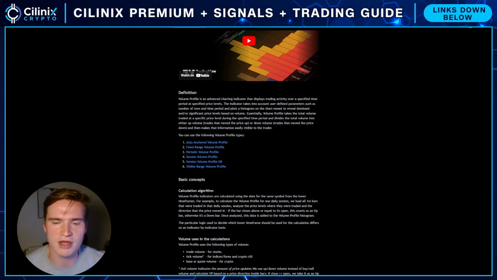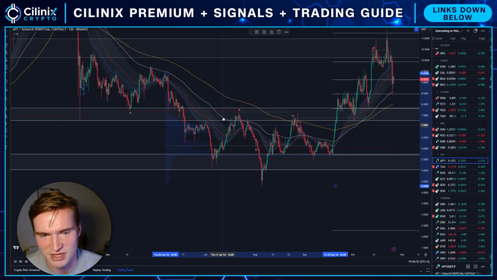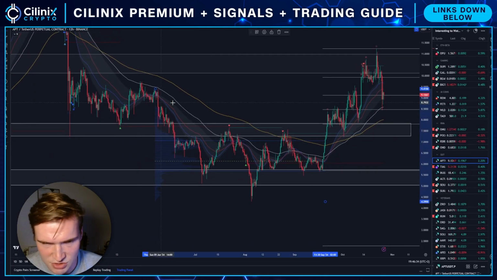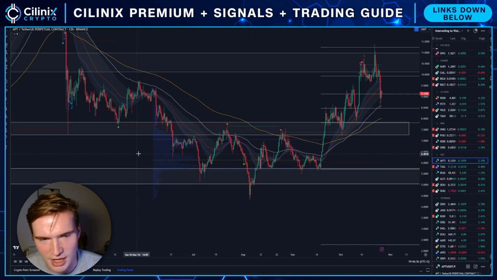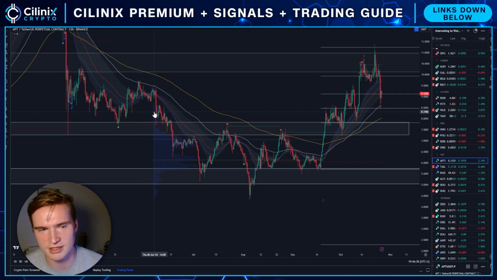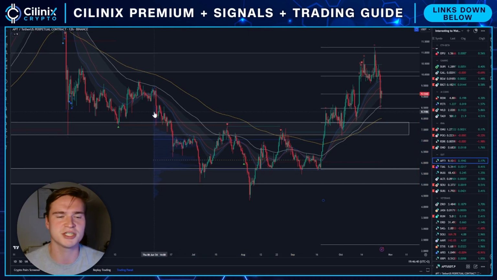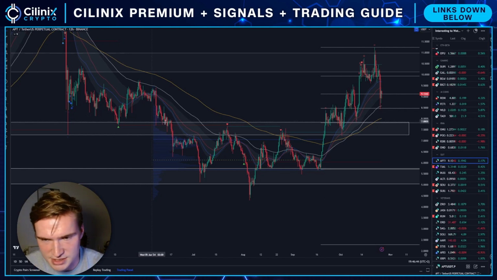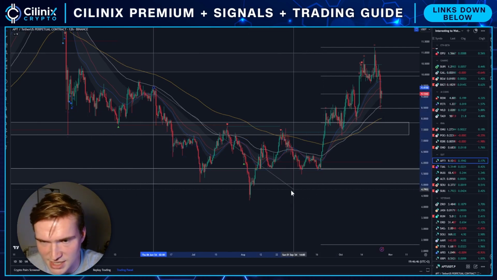Now, in general, a volume profile is an indicator you can use. On the chart, it looks like this. All right, so I've changed it up quite a bit. But basically what you can see, like the most simple definition, is that in a specific time period, all right, so in this example, you can set it up like this, right?